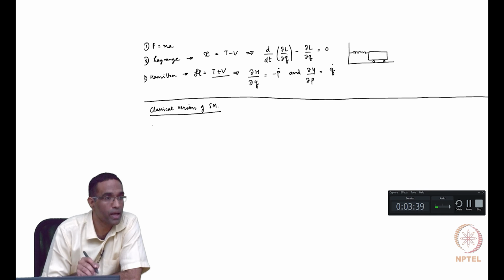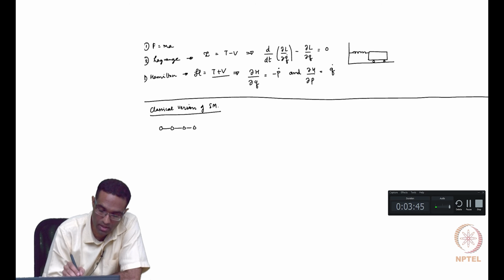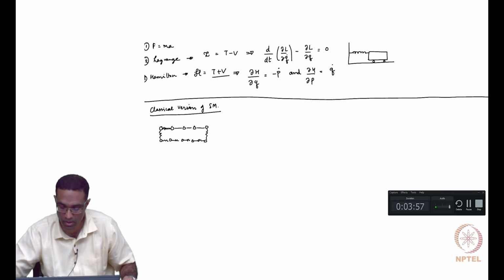So for this, in order to motivate the idea behind it, let us consider a system of a crystal, where all the atoms are connected by some springs. I think I have a better picture in my slides right here.